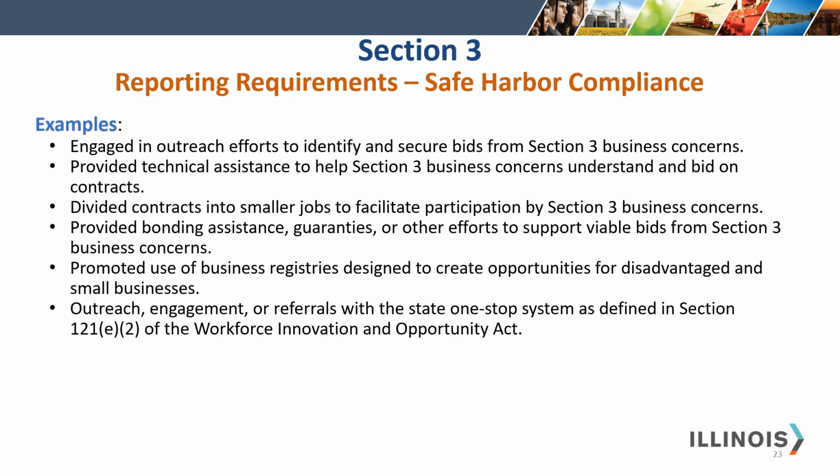Provide bonding assistance, guarantees, or other efforts to support viable bids from Section 3 business concerns. Promote use of business registries designed to create opportunities for disadvantaged and small businesses. Outreach, engagement, or referrals with the state one-stop system as defined in Section 121(e)(2) of the Workforce Innovation and Opportunity Act.